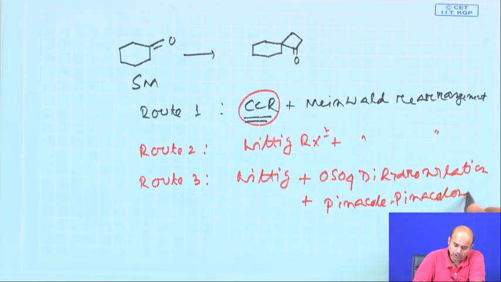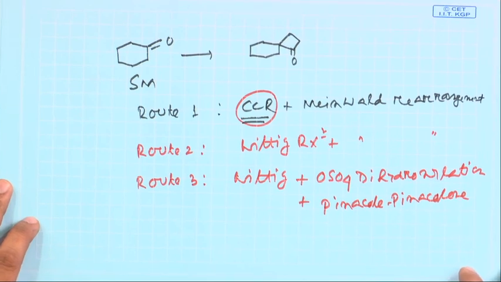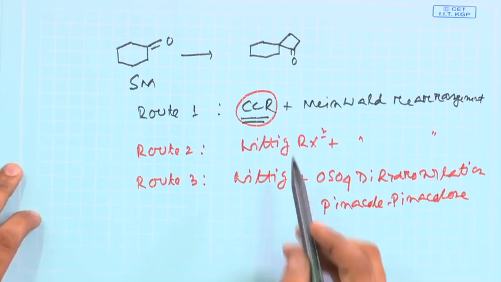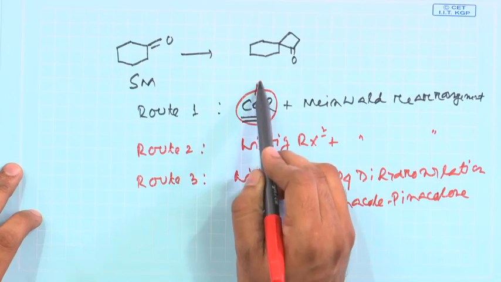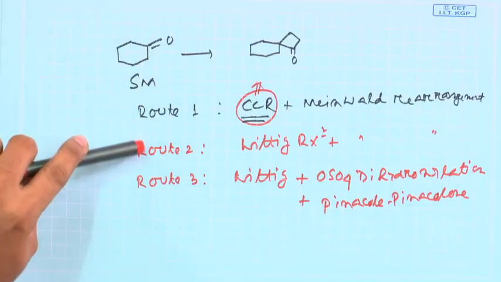So, in principle you can try all these three pathways, but probably the Corey-Chaykovsky reaction was not known to you. If you know it, then you can design these three pathways.